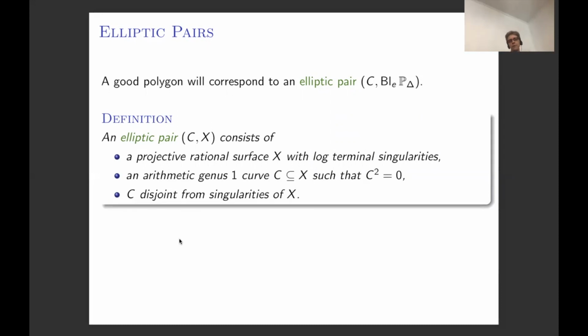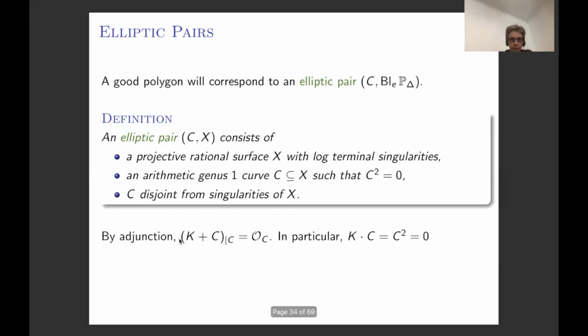In general, the surfaces that we consider will actually be singular. So now by adjunction, you have that also K times C is 0. So C squared and K times C are both 0.